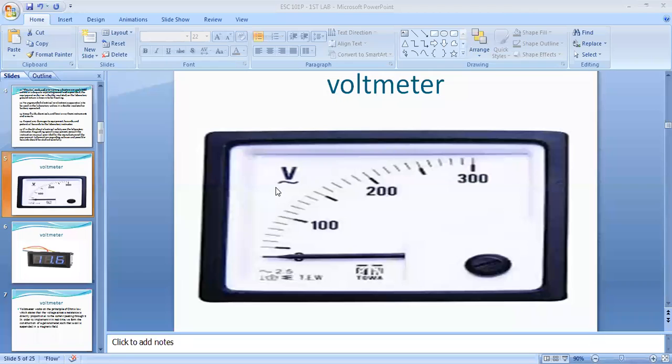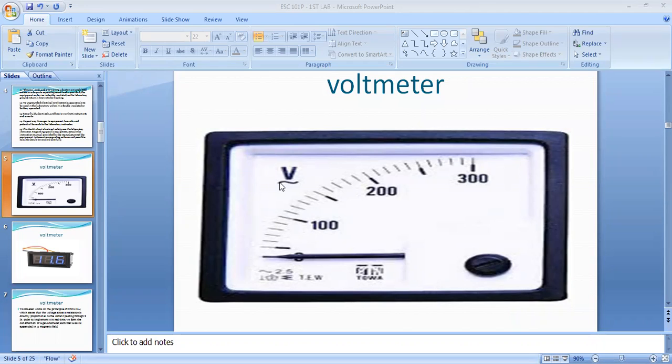And this sine wave that is drawn, when you see a sine wave like this at the bottom of the V, then you can definitely say that this instrument is for measuring AC voltage. AC defines alternating current. It represents the sine wave.